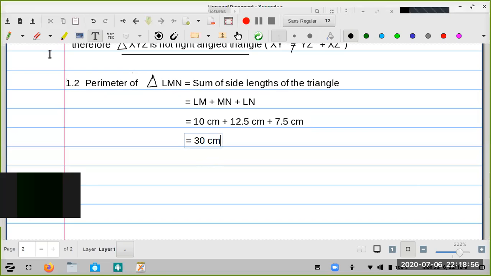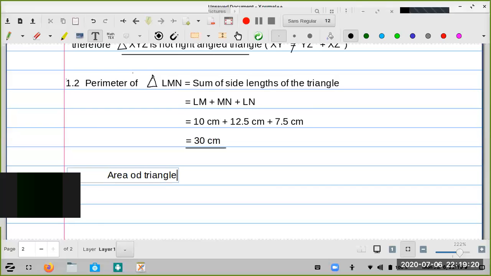Right. Then from there, we are going to calculate the area of the triangle.